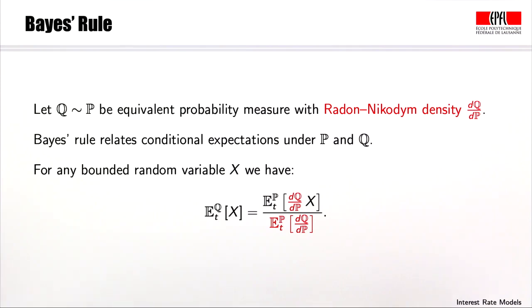Bayes' rule relates conditional expectations under P and Q. For any bounded random variable x, the conditional expectation of x under Q can be expressed as a conditional expectation under P if we multiply the argument x by the Radon-Nikodym density of Q with respect to P and normalize by the conditional expectation of the Radon-Nikodym density.